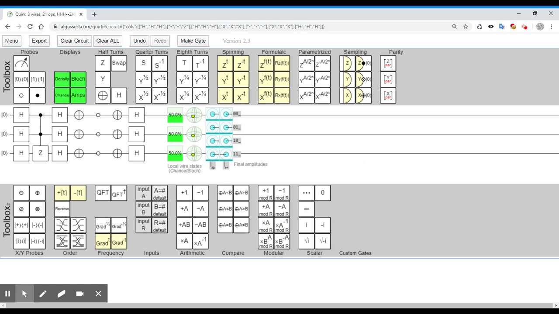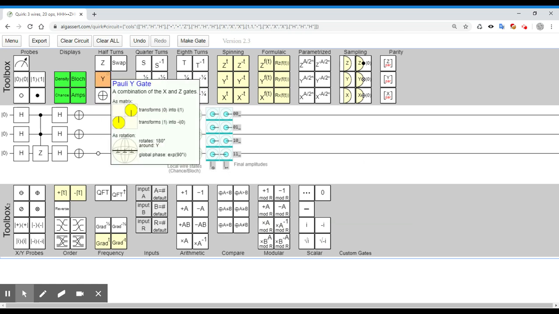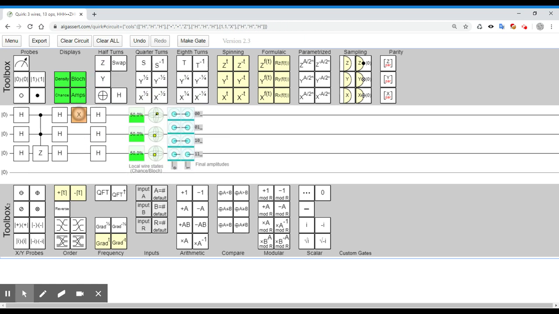But say you want to start with the superposition 0 0 1, right?